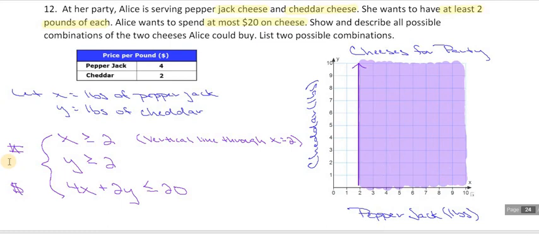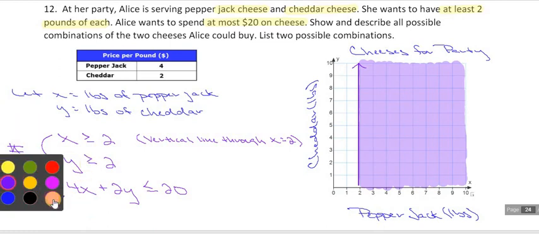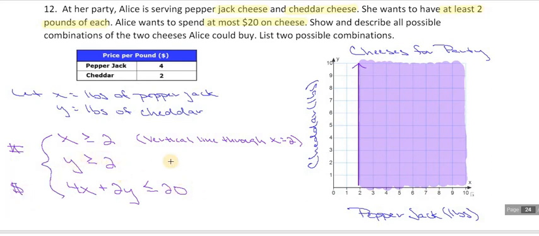So if I'm talking now about Y is greater than or equal to 2, well, if the X equals a number equation corresponds to a vertical line, a Y equals a number would be a horizontal line. So Y is greater than or equal to 2 is going to be a horizontal line through Y equals 2.